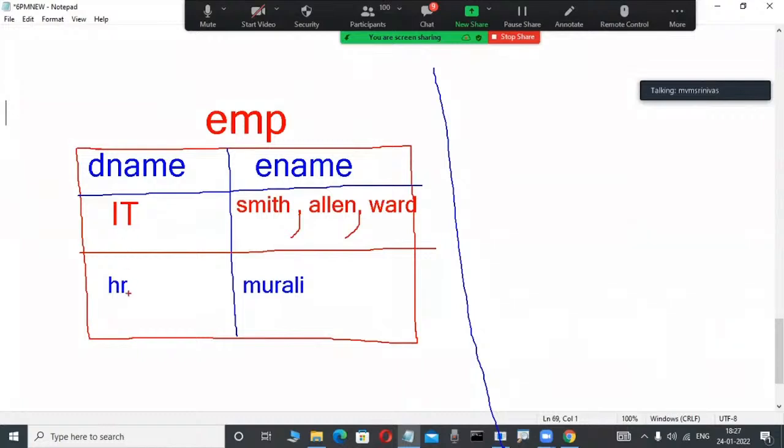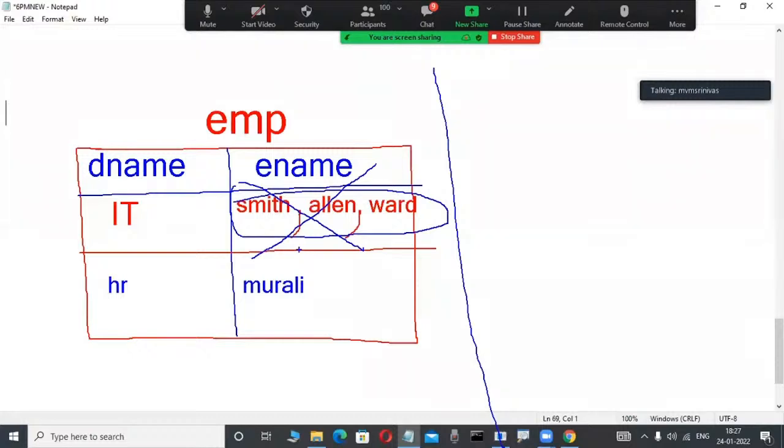HR is a single value, no problem. Murali is a single value, no problem. Data in each column should be atomic. That is a rule. There is no multiple value separated with commas. Here is the problem: Smith, Allen, Ward are stored separated by commas. It won't work. This cell is not working. Why? Because data is represented in each cell.